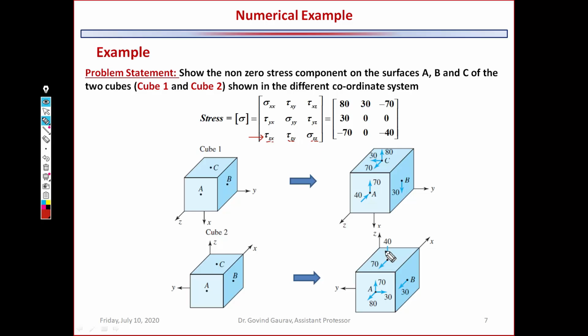The point denoted by C represents the forces acting on this particular z plane. The value of the shearing stress is minus 70, that's why it is acting in this direction. The value of the shearing stress over here is 0, so it has not been shown, and the normal stress acting on this plane is minus 40. That's why it is acting in the negative z direction.